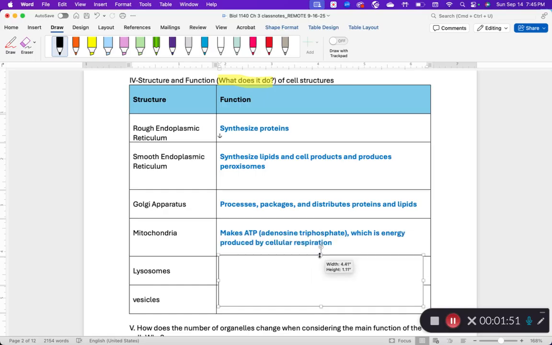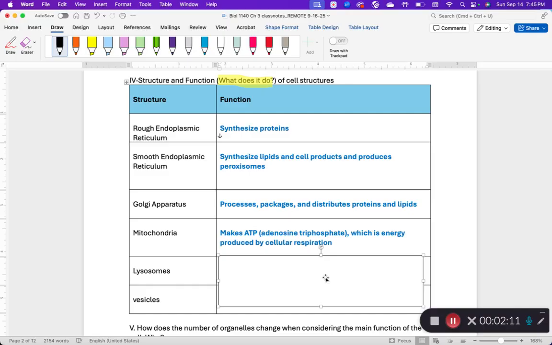The next one's mitochondria. I kind of just like the way that word sounds, the mitochondria. Okay, the mitochondria makes ATP. ATP stands for adenosine triphosphate, which is the energy produced by cellular respiration.